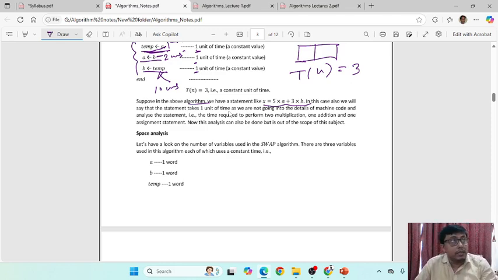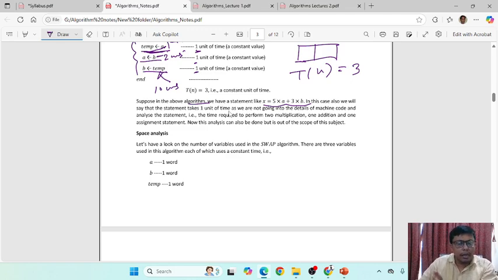So it will be taking 1 unit of time, as long as we are not going into the details of the equivalent machine language code and analyzing this statement. Because that is beyond the scope of this particular subject.